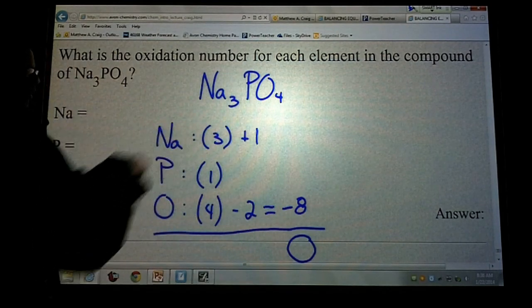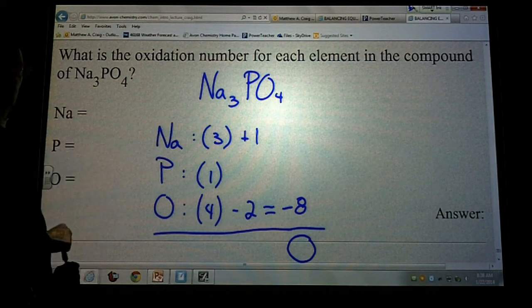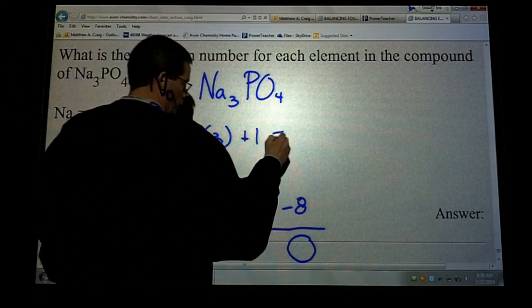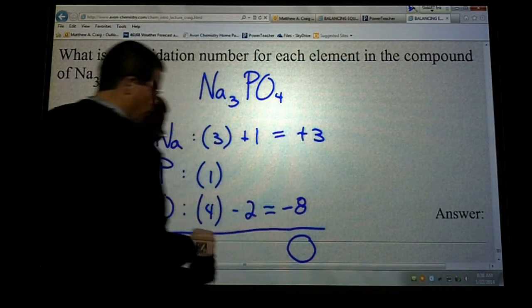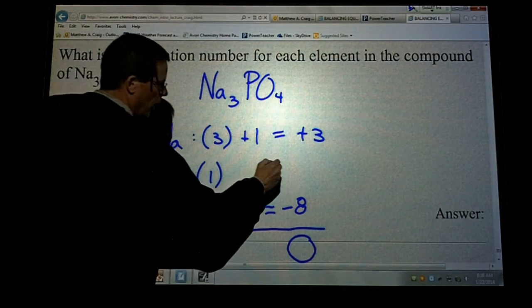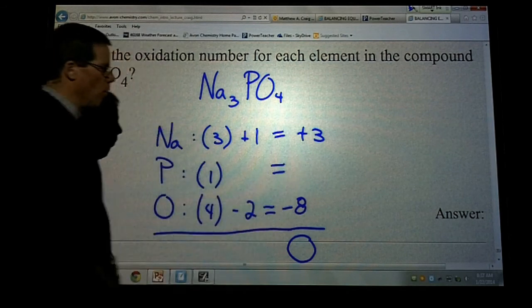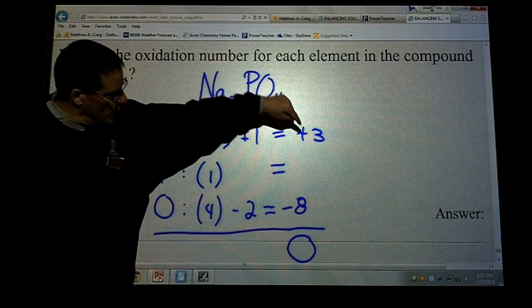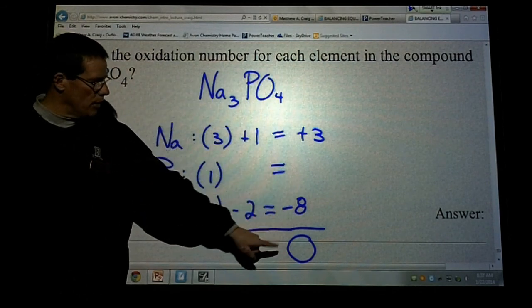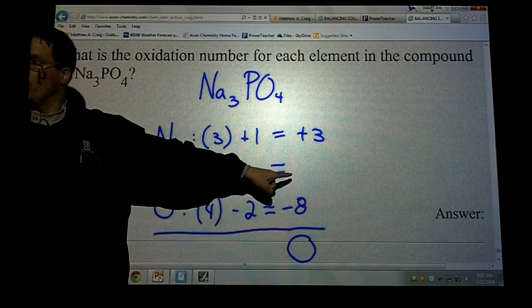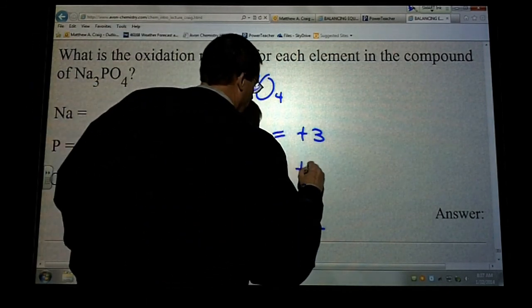And what is 3 times +1? +3. Okay, so here's the kicker. We want to find some number that when we add it to +3 and -8, it equals 0. +5, right? So we'll put a +5 there.